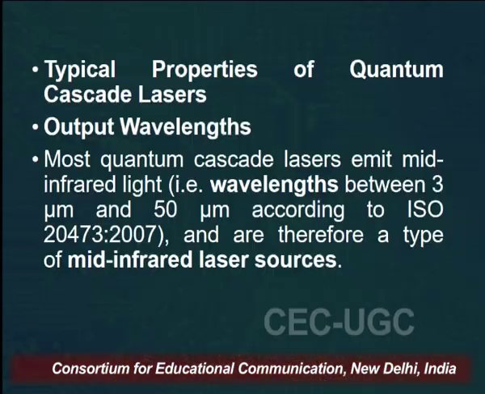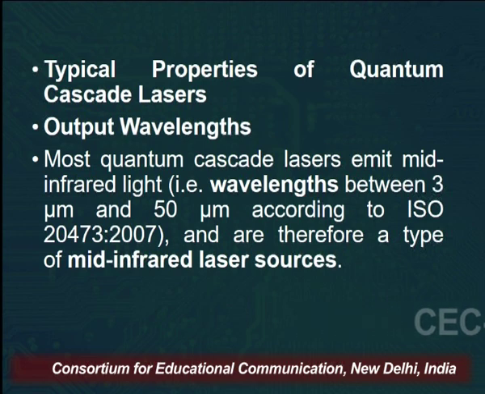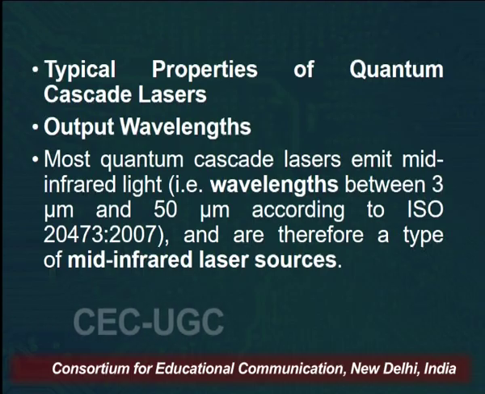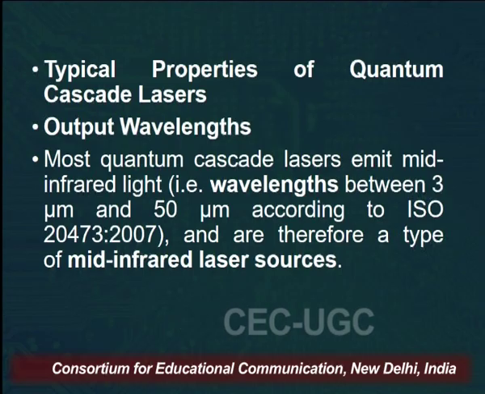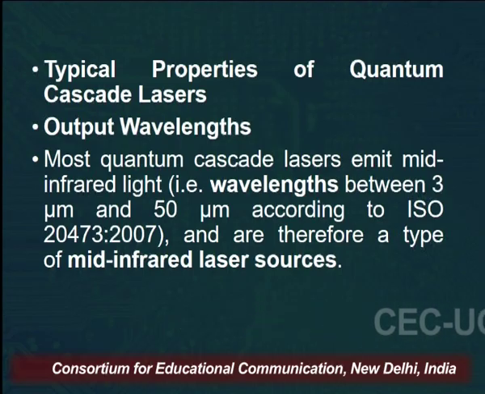So, what are the typical properties of the quantum cascade laser? As we know, in a laser the important property is the output wavelength. So, what is the output wavelength of this laser? That is the main important part.